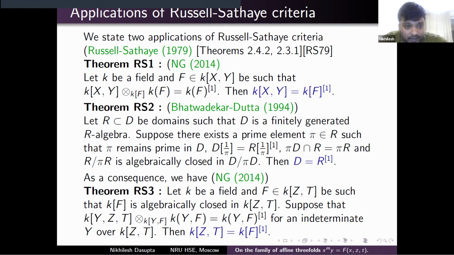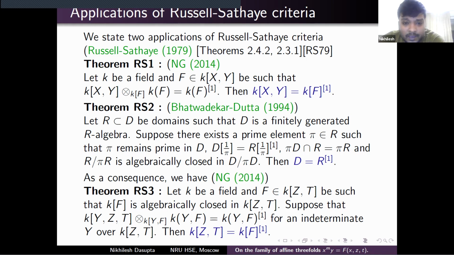You can see this condition means F is a line, because if I invert F, this means K[F] contains 1 by F. So what it says is K[X,Y] with 1 by some polynomial in F inverted is K[F] with 1 by some polynomial in F inverted, adjoined one variable. Something like this was proved by Kaliman for K[X,Y,Z], if I am not wrong. Anyway, this is one theorem we will use.